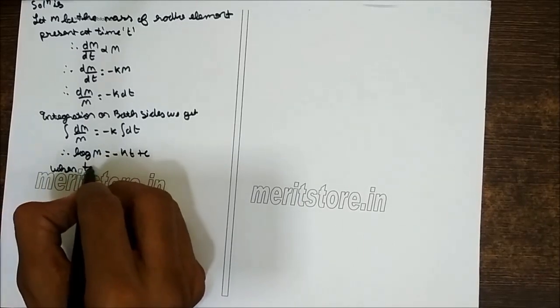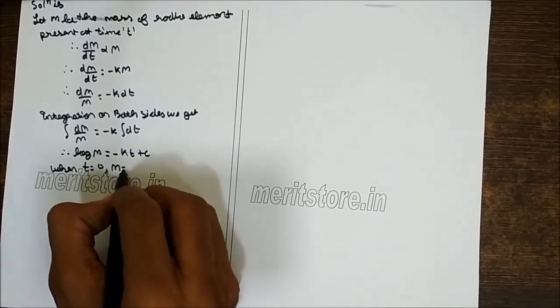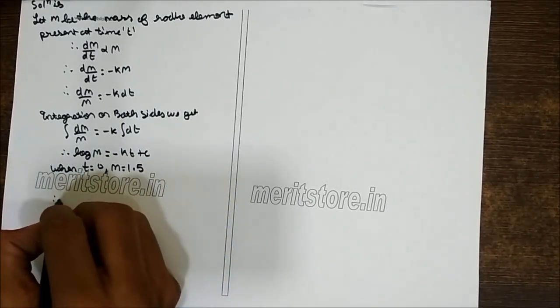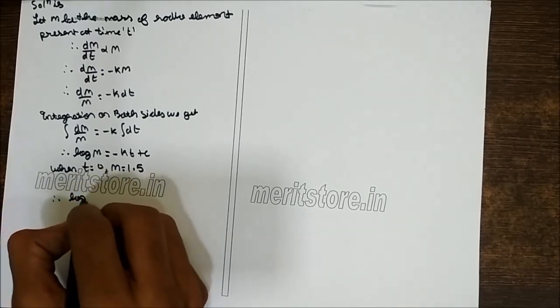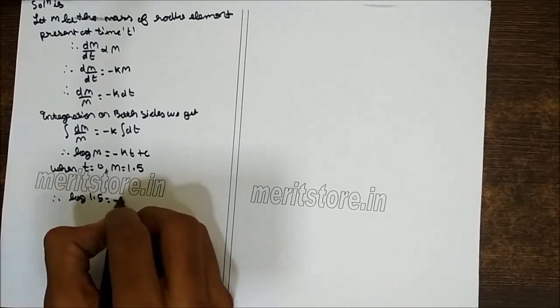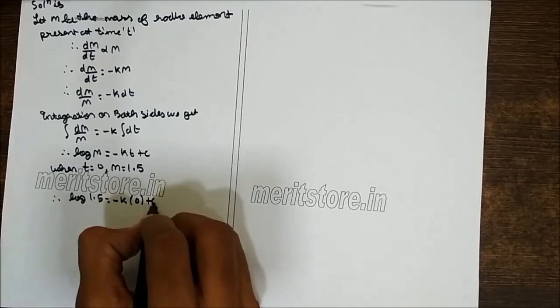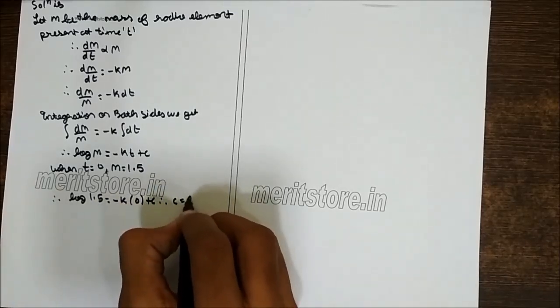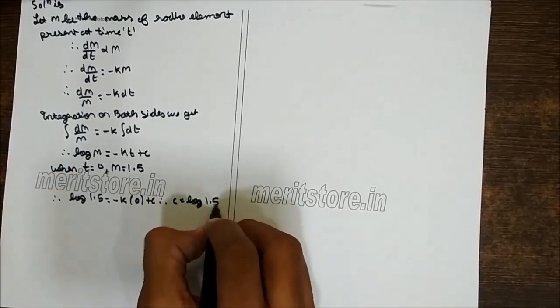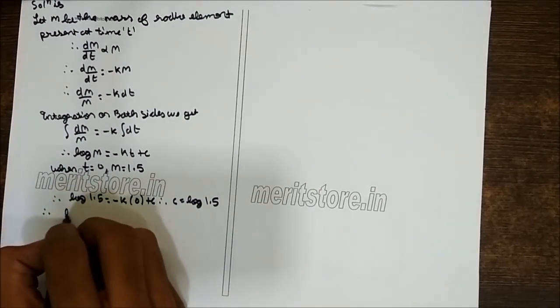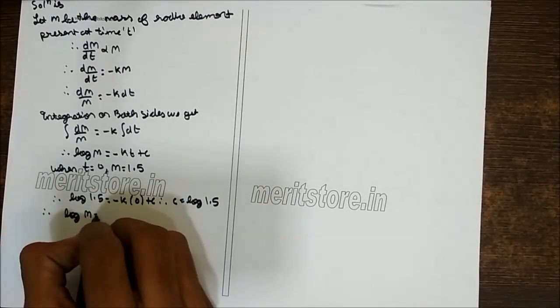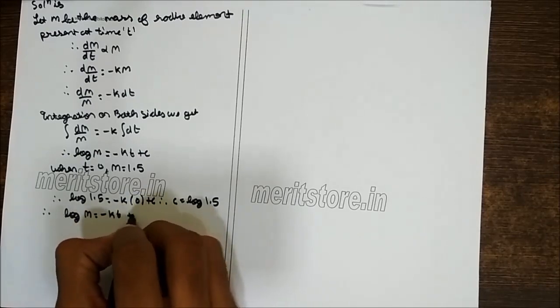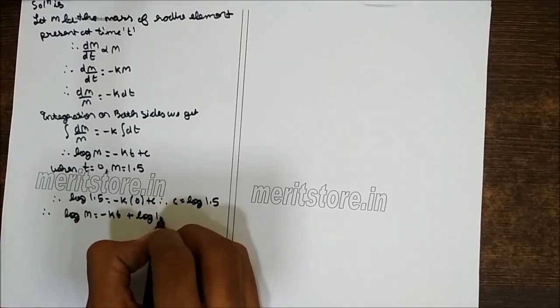When t is equal to 0, m is equal to 1.5. Therefore, log 1.5 is equal to minus k 0 plus c. Therefore, c is equal to log 1.5. Log m is equal to minus kt plus log 1.5.